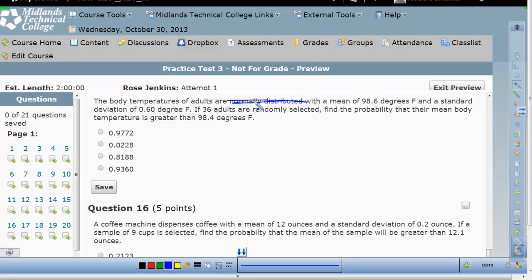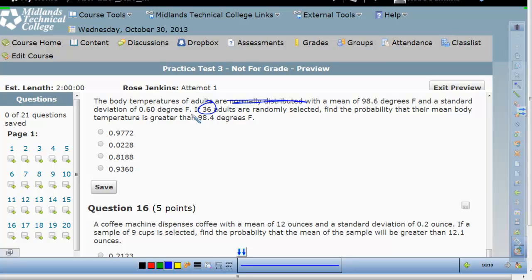When it comes to a mean, we have a rule: if the sample size, the number of items we put together to come up with the mean, is greater than 30, then the distribution of those sample means is approximately normal. So even if it didn't say normally distributed, we could say that this is normally distributed because of the sample size.